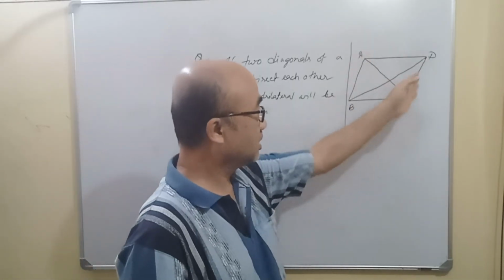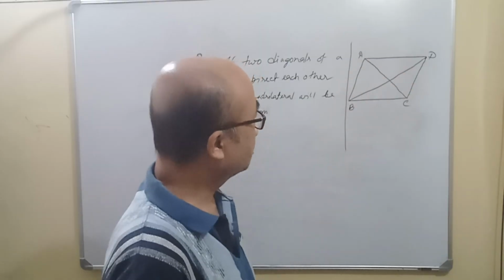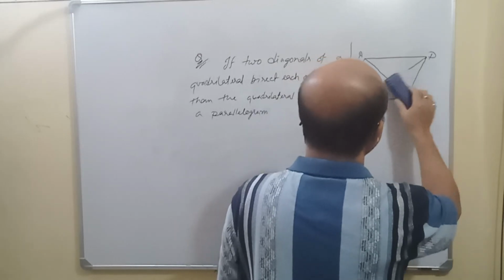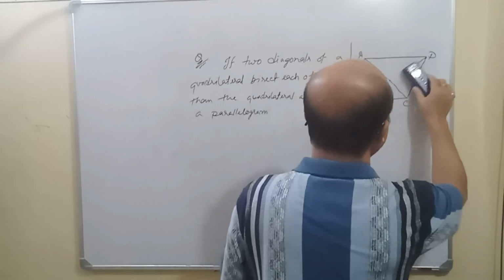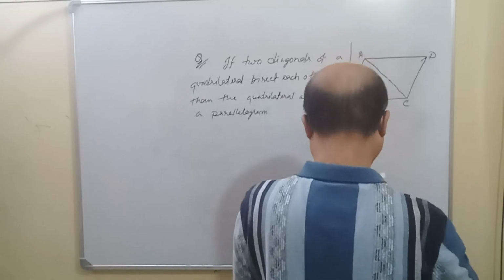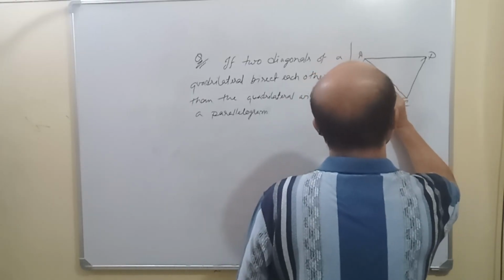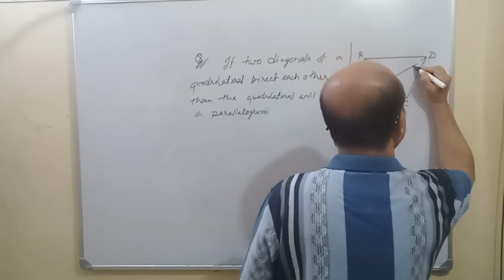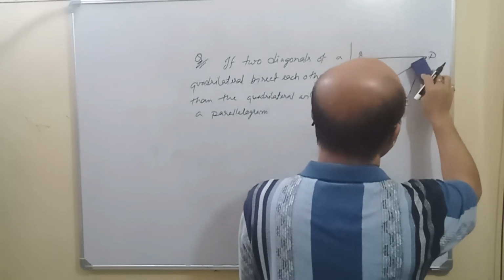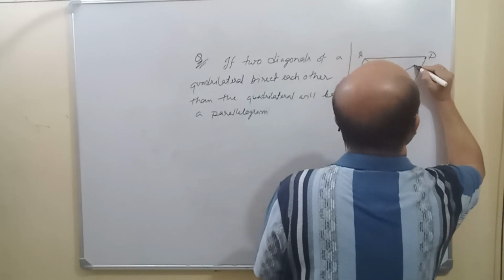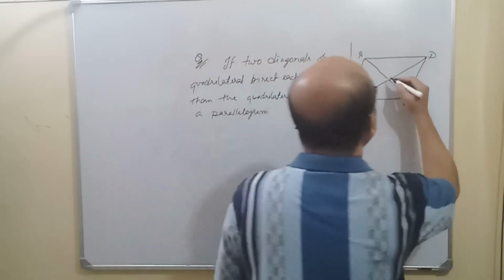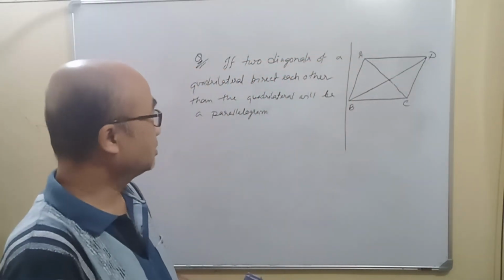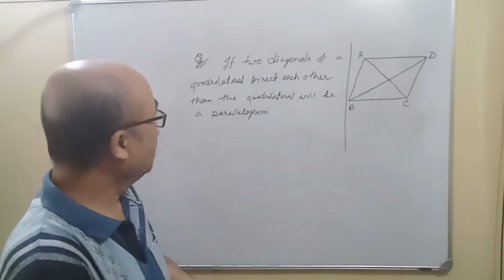These are two diagonals, AC and BD, of this quadrilateral, and this is a theorem.